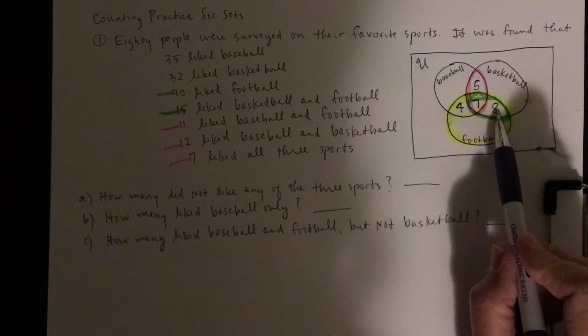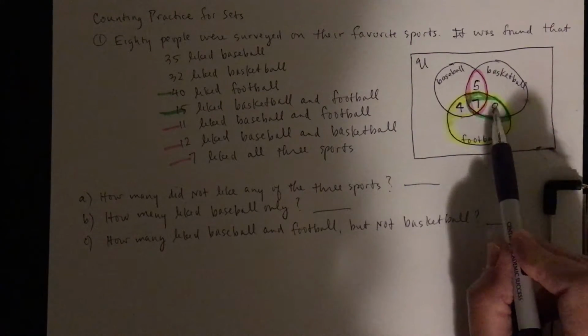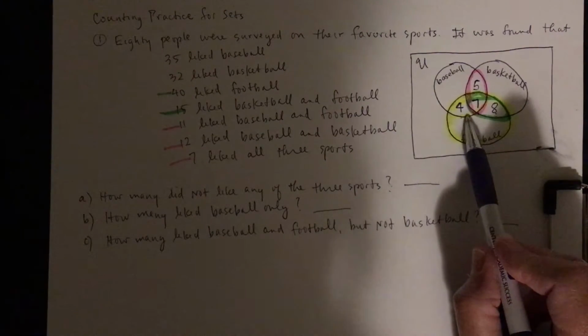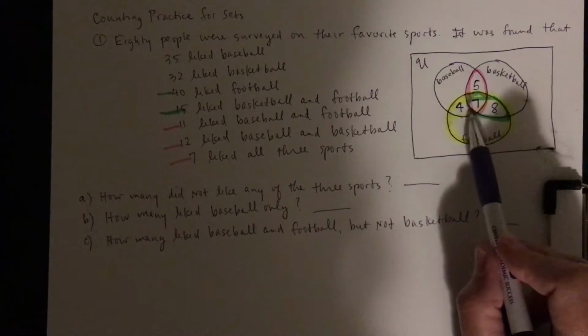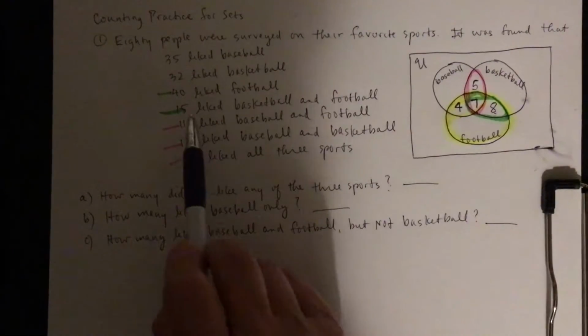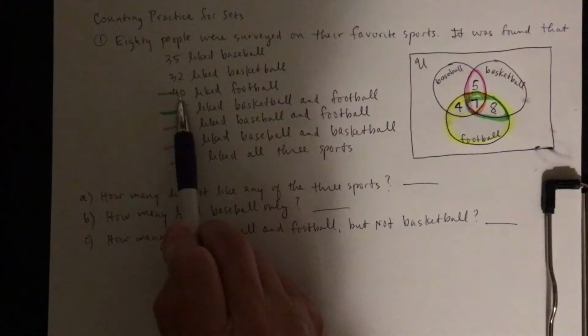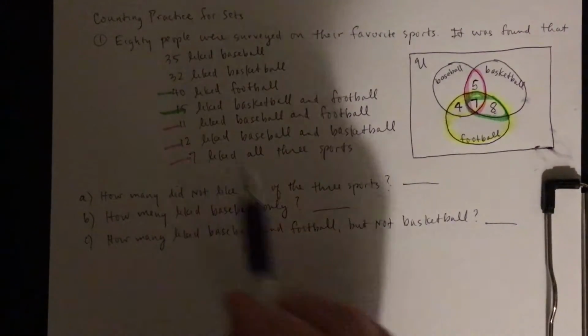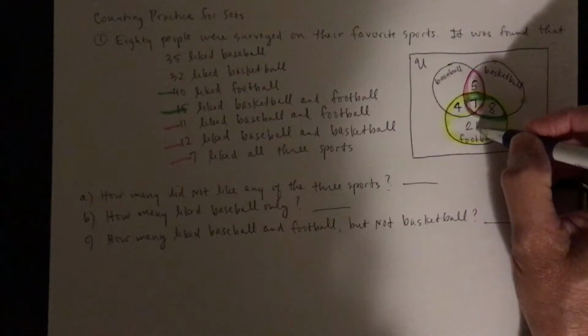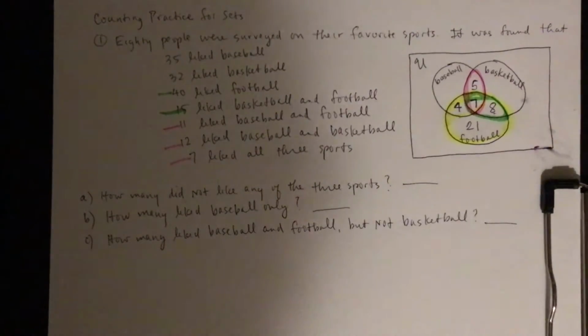What you have to do is add these numbers, 8 plus 7 plus 4. You'll get 19. Those 19 people, we have to be careful not to count them again. We have to subtract them from the 40 who liked football. So 40 minus 19 gives us 21, giving us 21 people who liked just football.